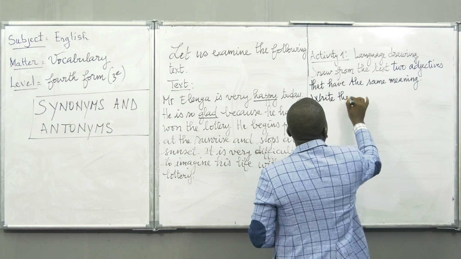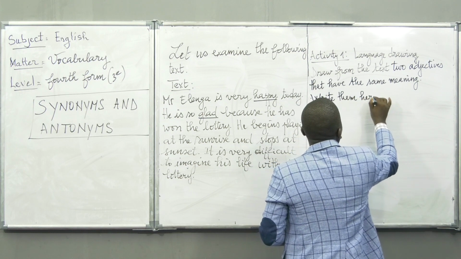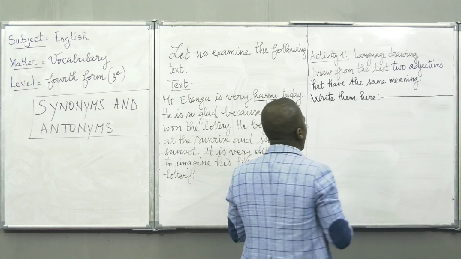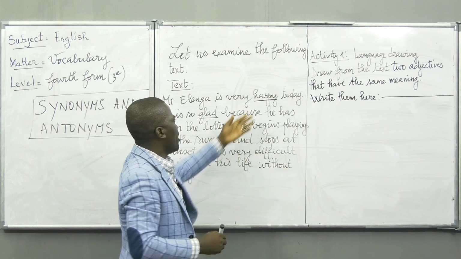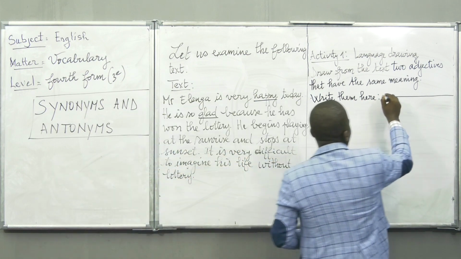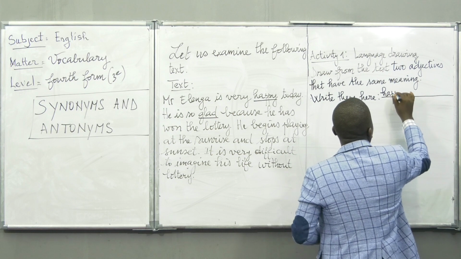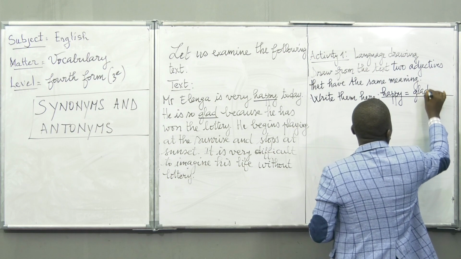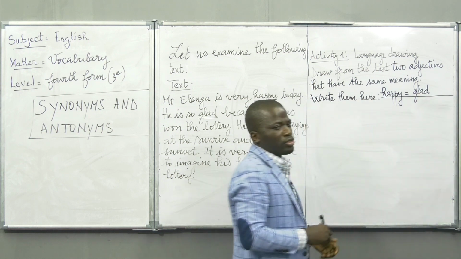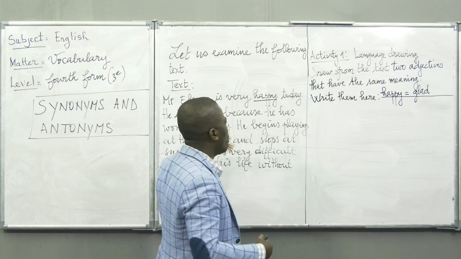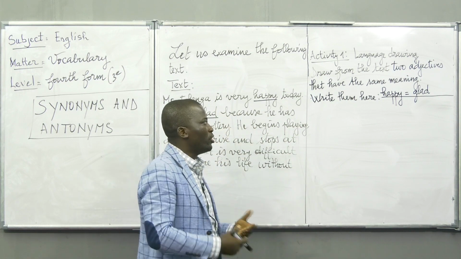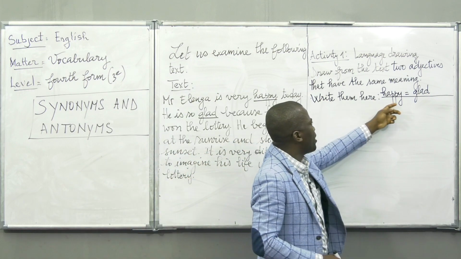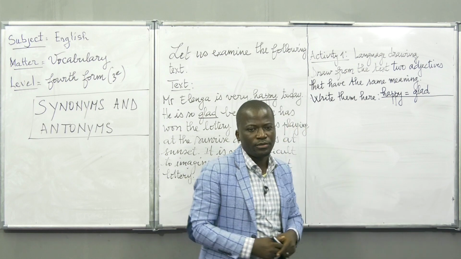So we say happy and glad. Mr. Elenga is happy because he has won the lottery and he now has much money. So it's normal for him to be very happy. Happy and glad have the same meaning.